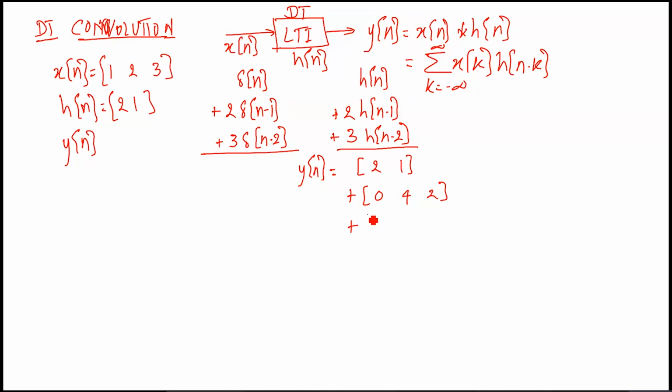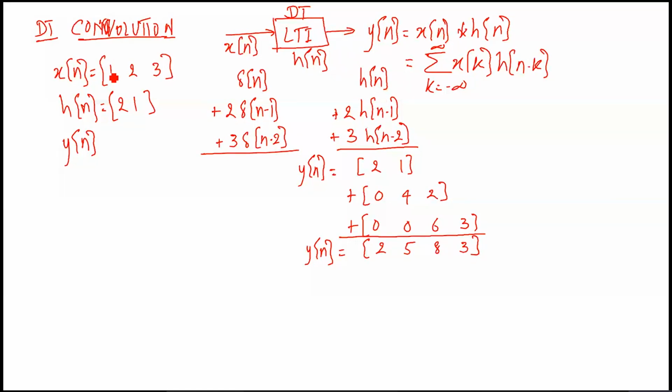The third term is shifted right by 2 units, a double right shift, and scaling 2, 1 by 3 becomes 6 and 3. So your output y of n is just all of them added together: 2, 5, 8 and 3, having 4 terms.